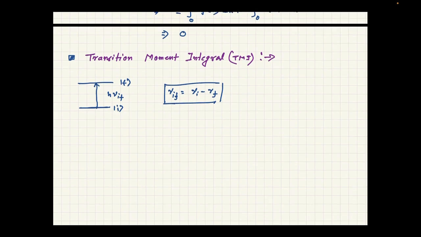So the transition moment integral is just like this. The transition moment integral will be equal to the integral of psi f mu psi I, okay? So this is the transition moment integral. Here mu is the dipole moment operator which connects the initial state psi I to the final state psi f.